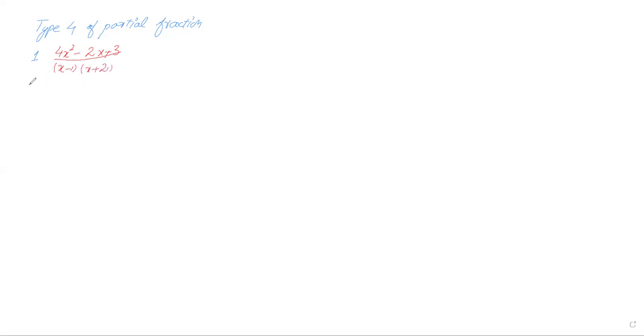Now I observe the highest exponent of the numerator is 2. Similarly, when I expand the brackets of the denominator, the highest power will again be 2. So the degree of the numerator and of the denominator are the same. That's why it is called a type 4 question.